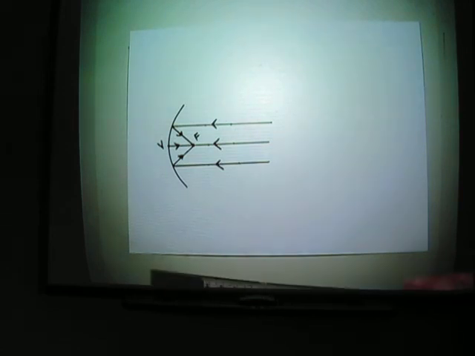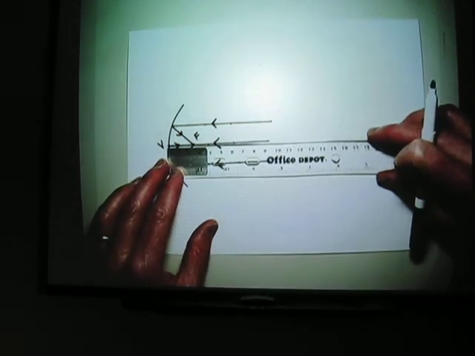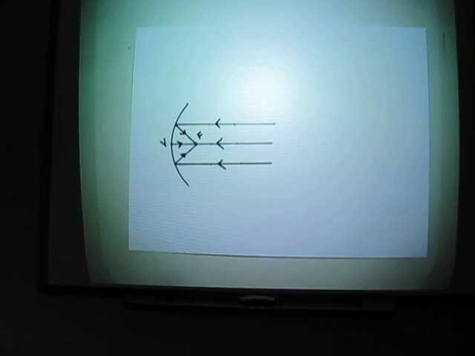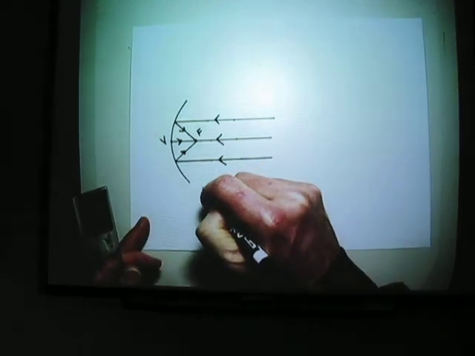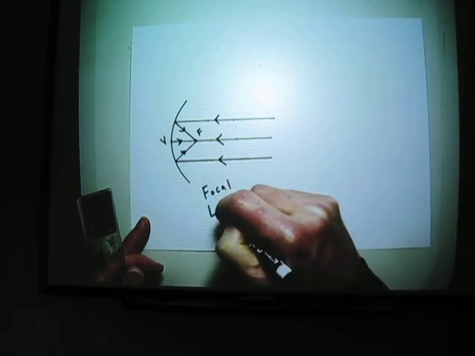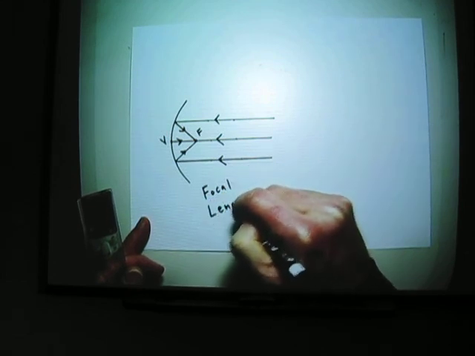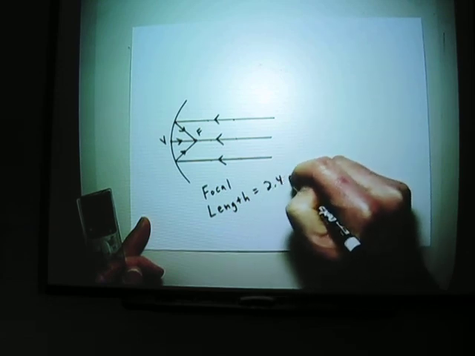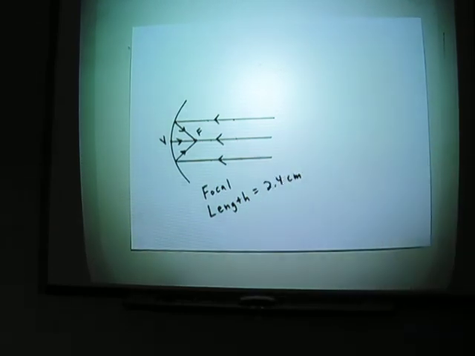So in this case, if I measure that length in centimeters, it's around maybe 2.4. Yeah, 2.4 centimeters. So focal length is 2.4 centimeters. Okay, so that's for the concave mirror.